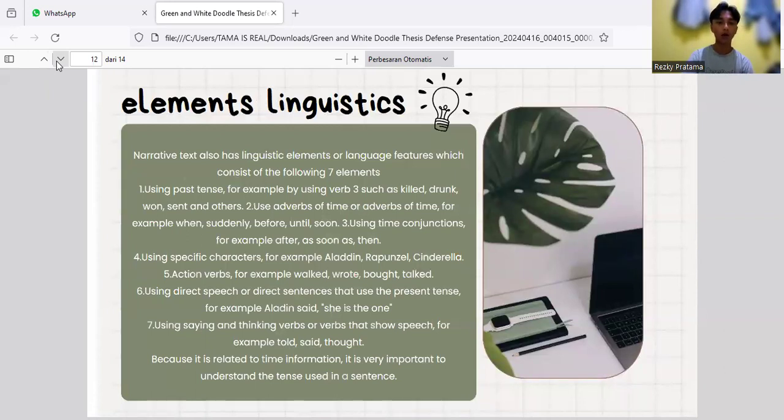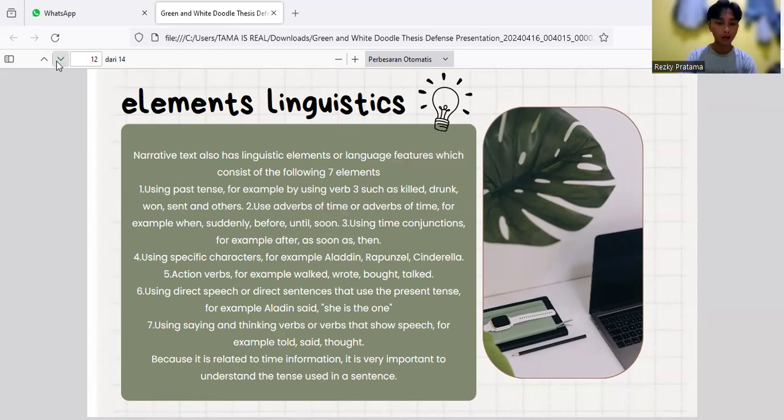For example, when, suddenly, before, until, soon. Number three, using time conjunctions. For example, after, as soon as, then, the last. Number four, using specific characters. For example, protagonists in the story, like Aladdin, Rapunzel, Cinderella, and the others.